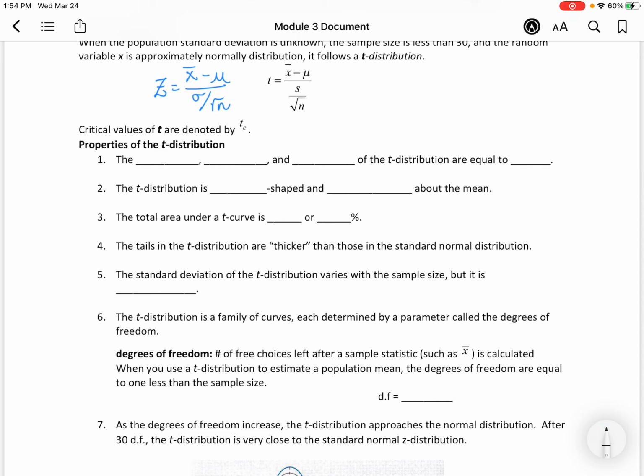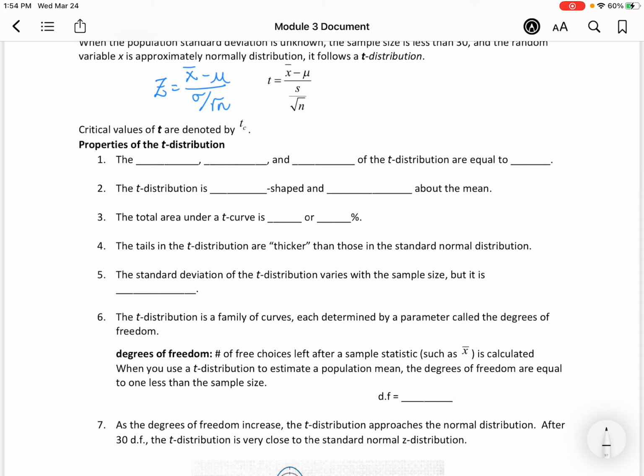And so what you'll see in the table that I'm going to show you, the value in the last row of the table marked infinity corresponds exactly to the normal distribution. So let me show you what happens in a t distribution and how that looks relative to the z curve.